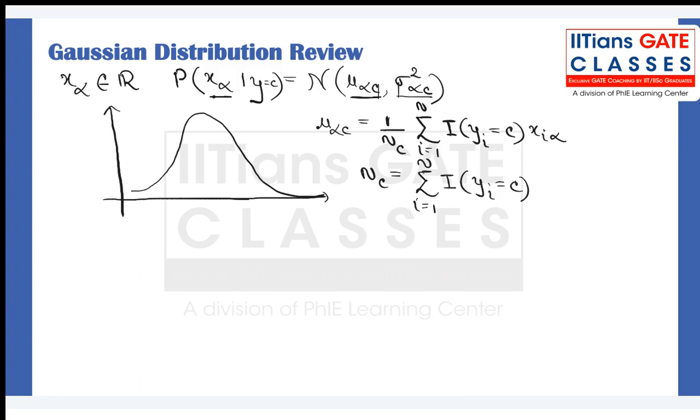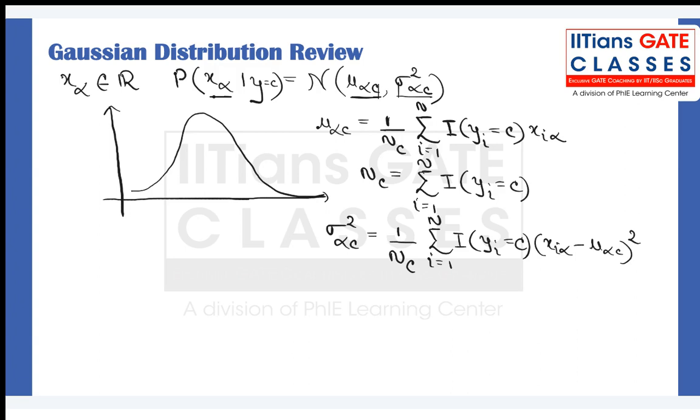And the variance sigma square alpha c is nothing but, again, 1 by nc, summation i equal to 1 to n, I of yi equal to c, times xi alpha minus mu alpha c, whole square. Okay, fine.